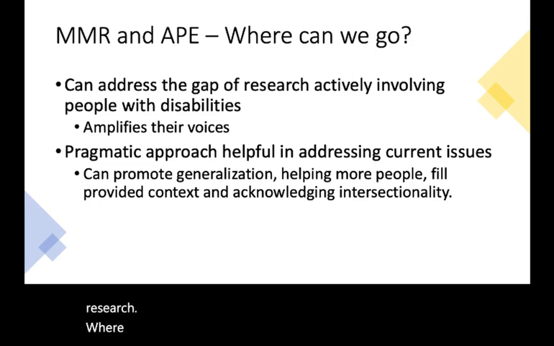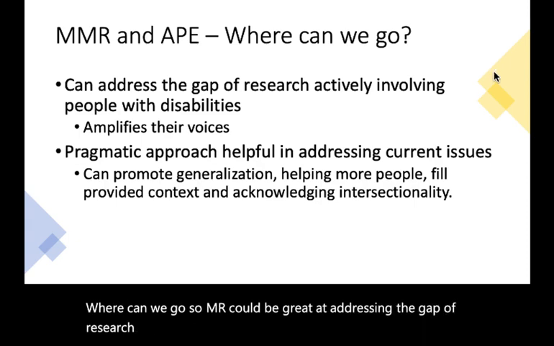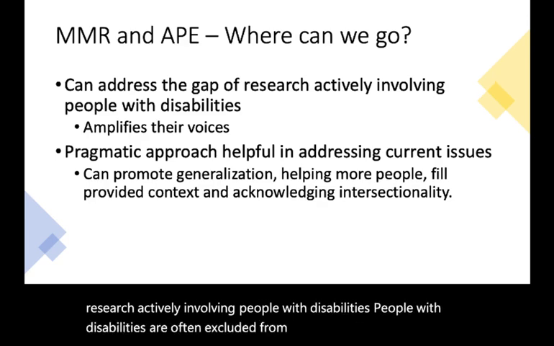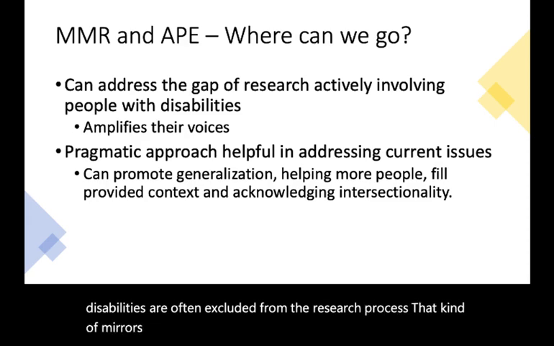Where can we go? So MMR could be great at addressing the gap of research actively involving people with disabilities. People with disabilities are often excluded from the research process. That kind of mirrors society in terms of exclusion and isolation.